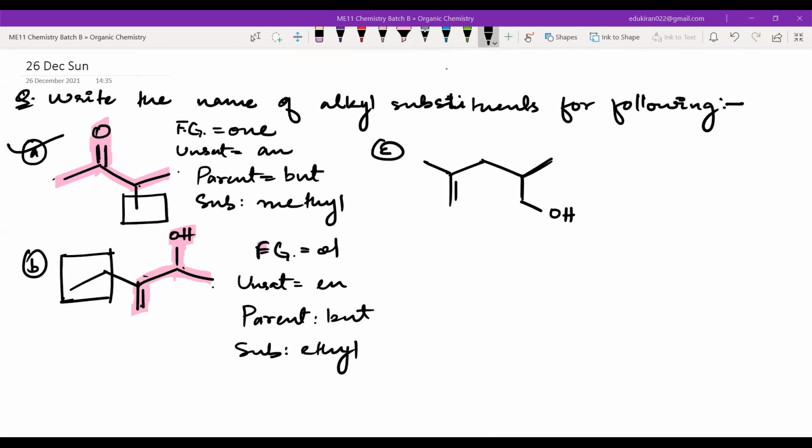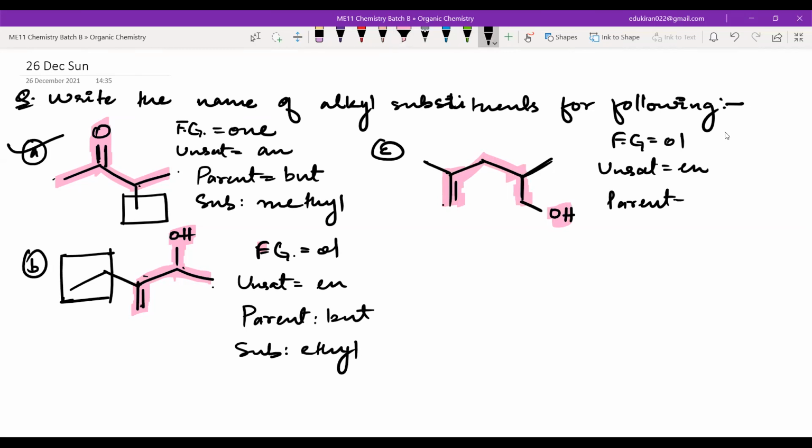Okay. Now coming to the C question here, again the functional group as I can see is ol, the unsaturation is en. The parent starts from this carbon which is having OH. We have already taken OH. I move till here and go towards the double bond, because I want to have the double bond in my main chain or parent chain.